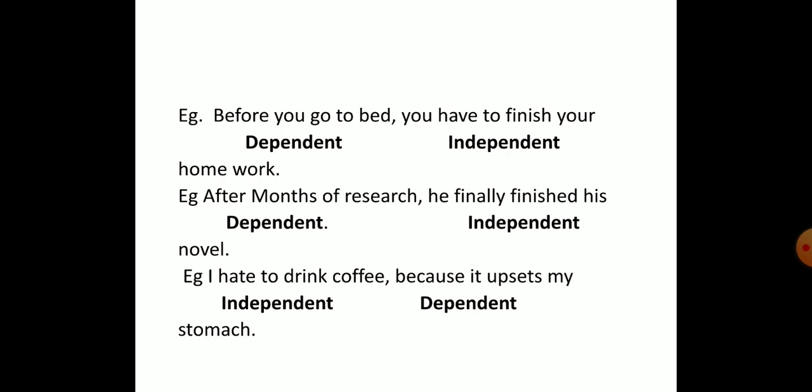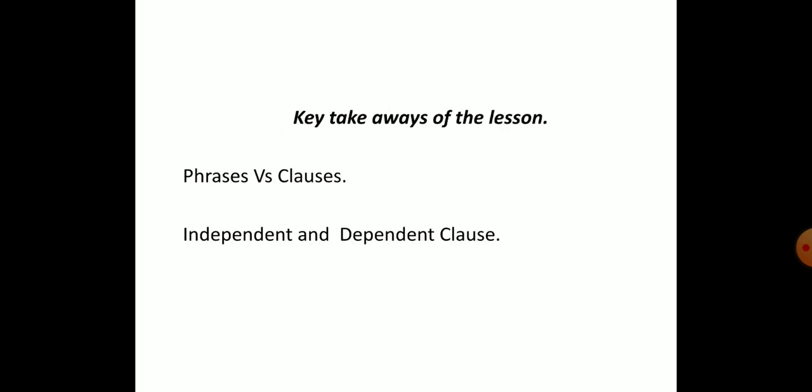So, we are done with the similarities and differences between phrases and clauses. The key takeaways of the lesson are: first, the difference between phrases and clauses; second, independent and dependent clauses. Let's revise them. Firstly, what is a phrase?